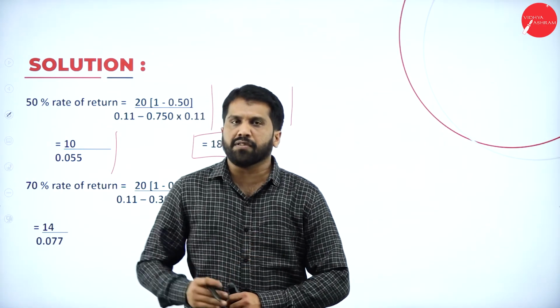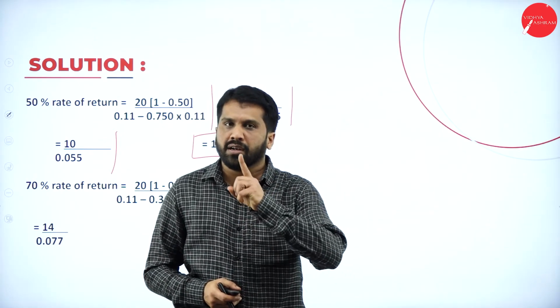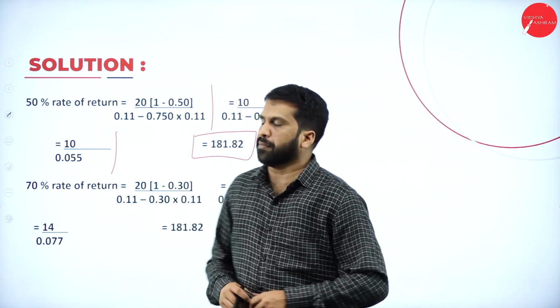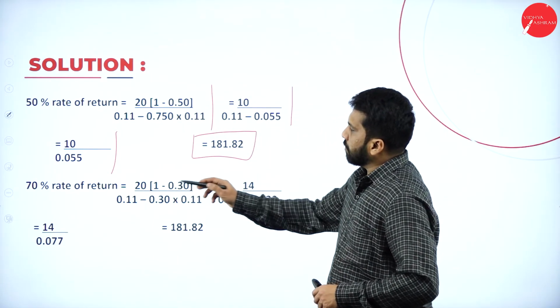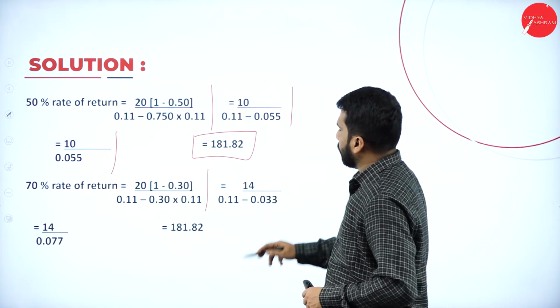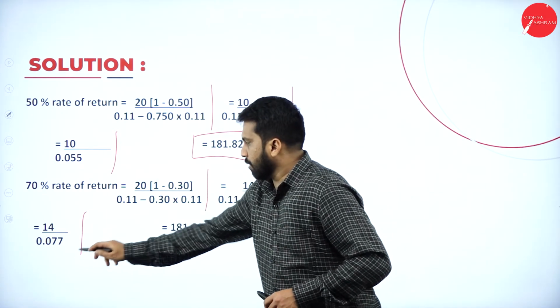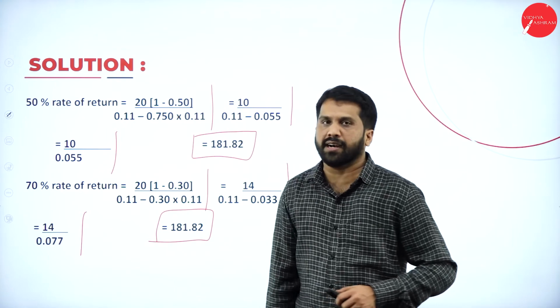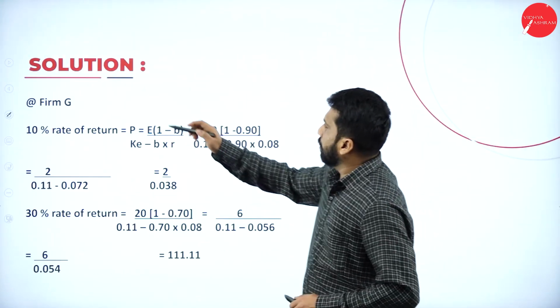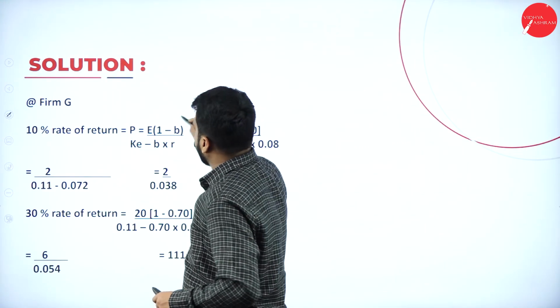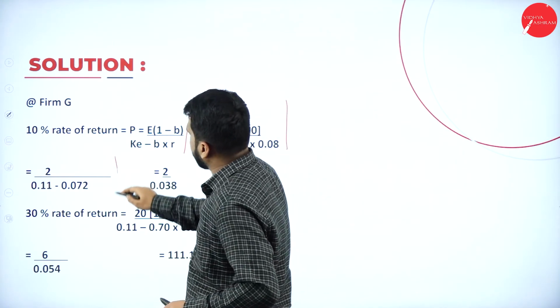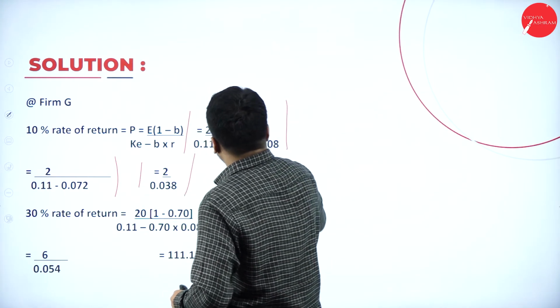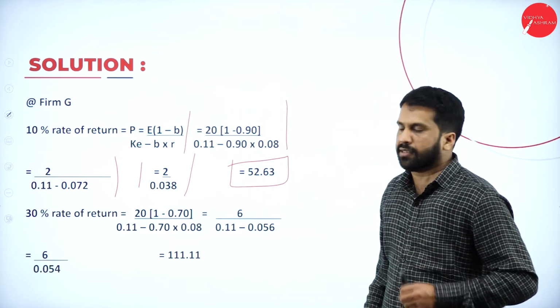Because there is no further calculation, only one formula you are supposed to remember. Now, 70%, one formula, second formula, third formula, and final answer. This one, your first, second, third, fourth, and final answer.